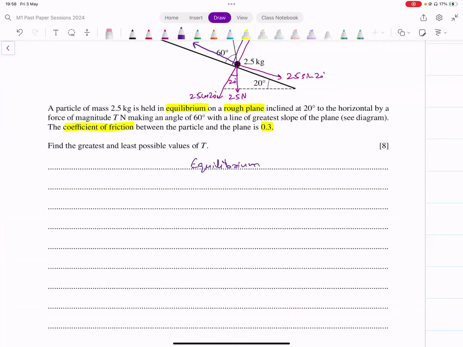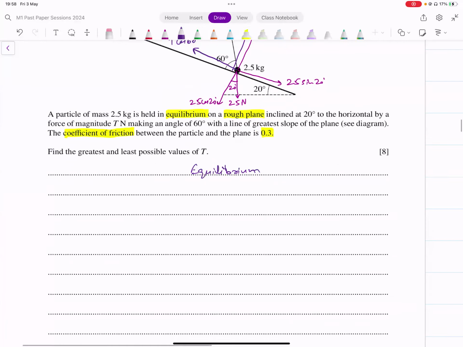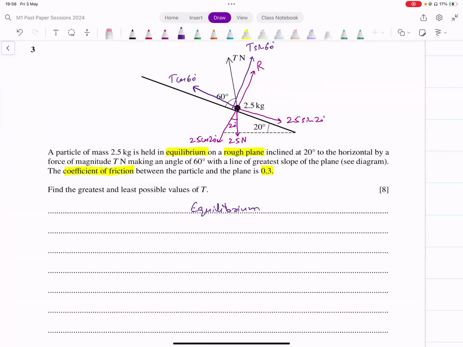Okay, one possibility is normal equilibrium. That means the object is stable. Even if tension was to increase by a little, the object will still remain in equilibrium.